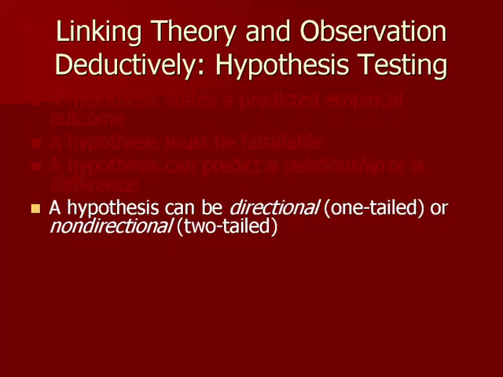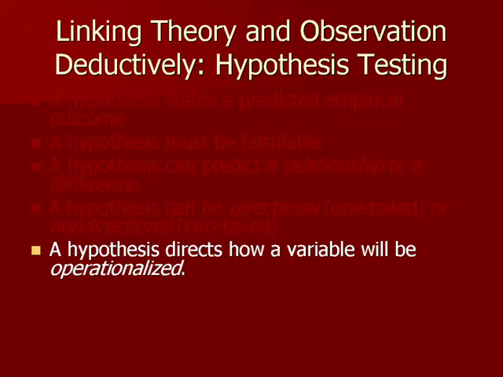If you make a non-directional hypothesis, the difference could be on either end of that range of values. So it's two-tailed. If you're saying it's more than, then you have to ignore the lower end of the scale and just look at the one tail of the distribution to see if your case can possibly support your hypothesis.